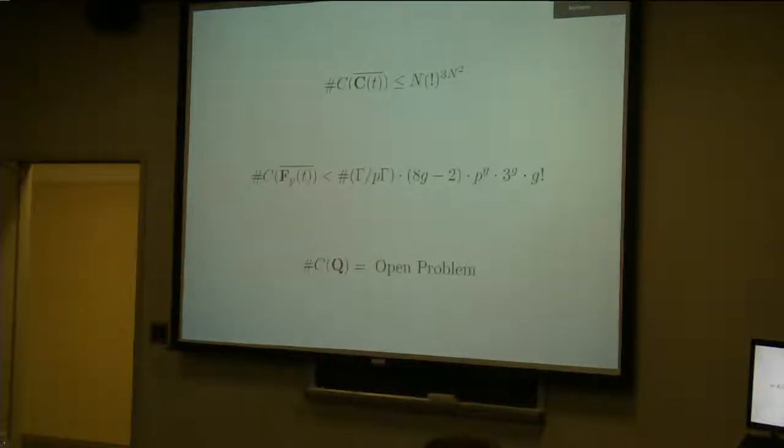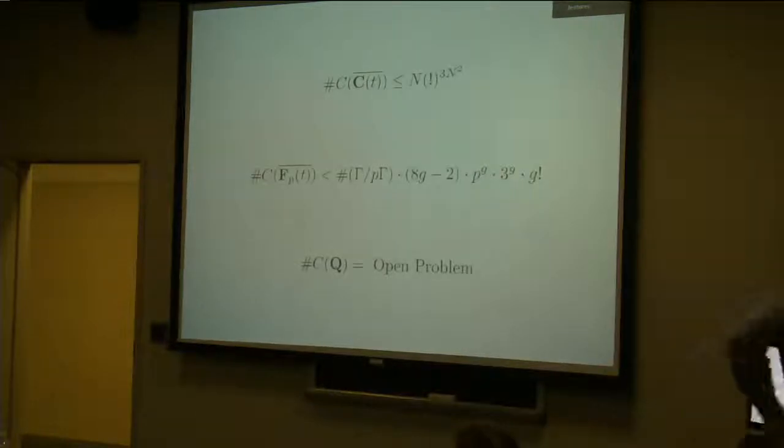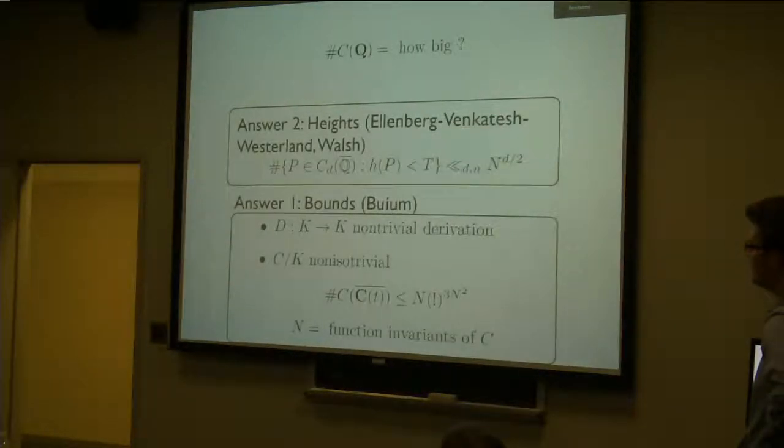Okay, so wait. Can you go back to the previous slide? Yeah, those should not be algebraic closures. So in the first one, it also should be Q. Yeah, it should be Q. You're sure? Yes. Okay. So there are infinitely many, actually, for points of bounded height.